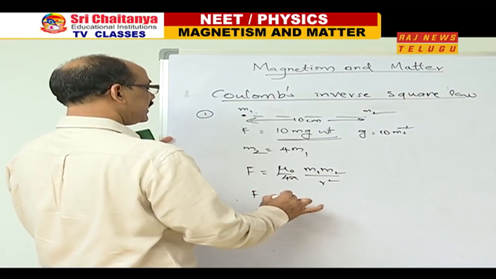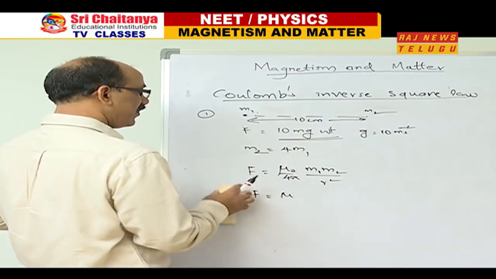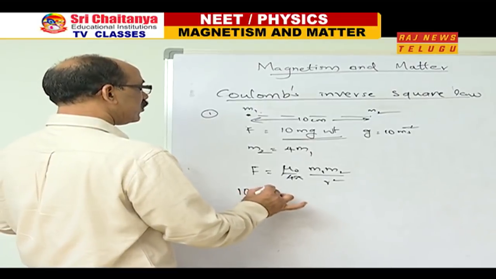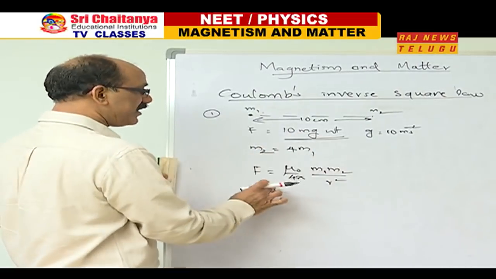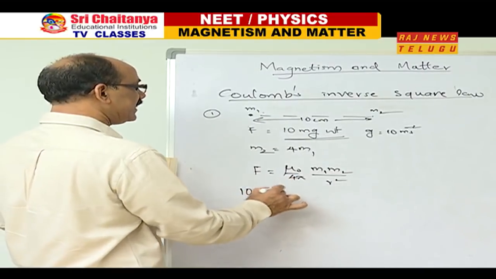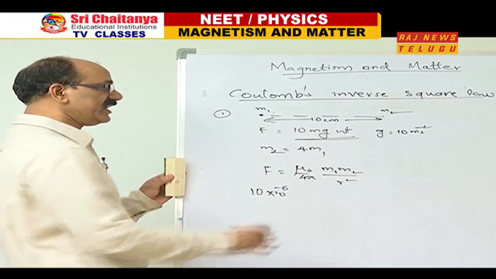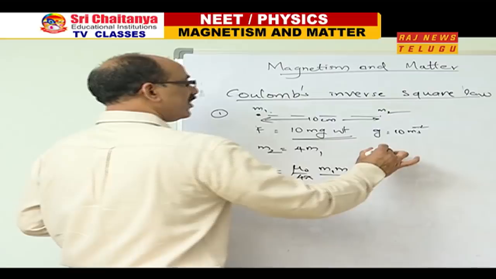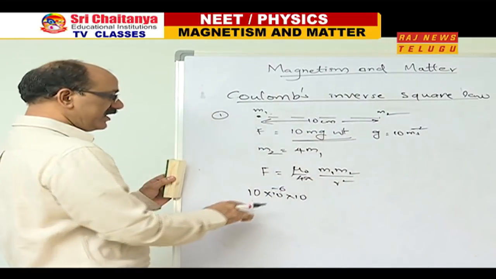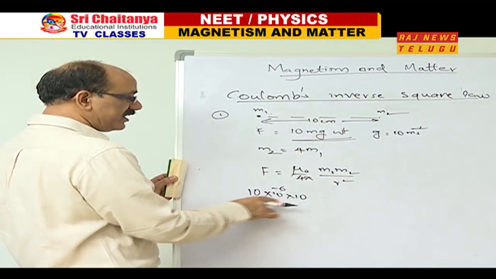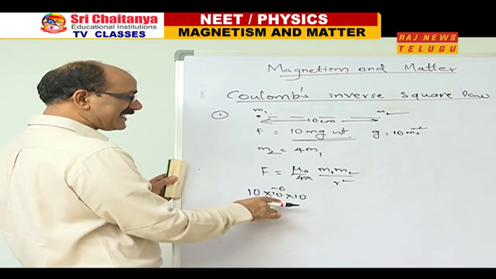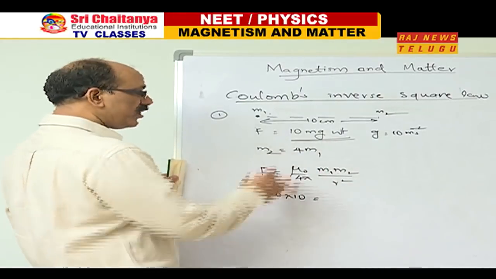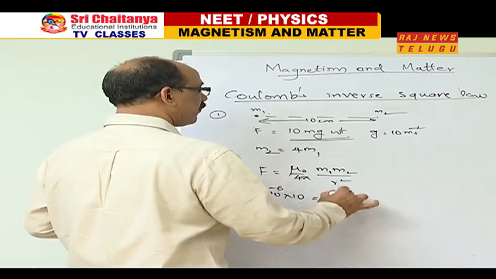F we already have as 10 milligram weight. 10 milligram is 10 to the power of minus 3 times 10 to the power of minus 3 kg, therefore it is 10 to the power of minus 6 kg times g, because force is mg. So 10 milligram weight is 10 into 10 to the power of minus 6 kg times g, which is 10, equal to mu naught by 4 pi, which happens to be 10 to the power of minus 7.